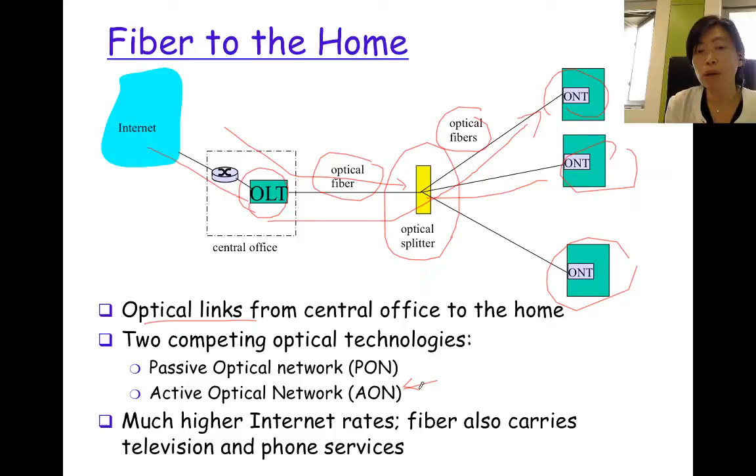It's not powered. It's installed with simply some sort of mirror and reflects the signal over, such that it reaches the rightful destination. So that is called the PON. These days, we're seeing more and more of these AONs in place at these places.